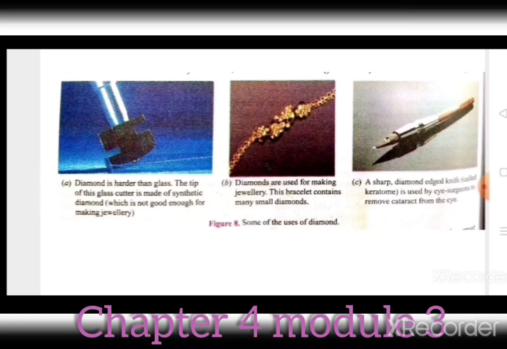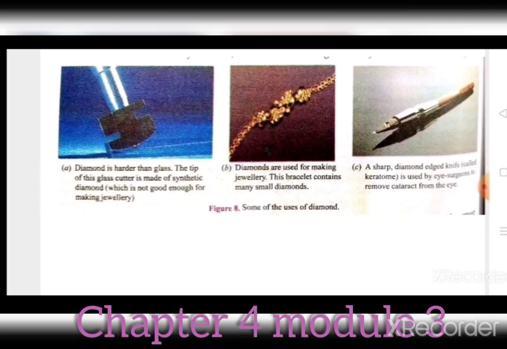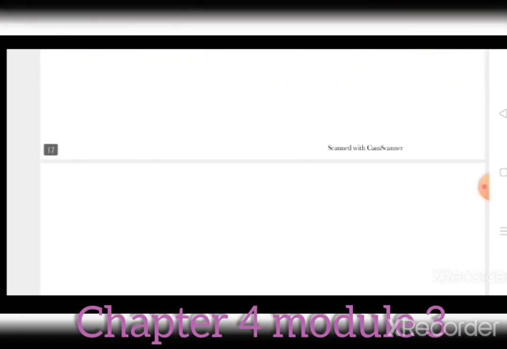This bracelet contains many small diamonds, as you all have seen diamond jewelry. Then third one is a sharp diamond edged knife called keratome, used by eye surgeons to remove cataract from the eye. So it is also used for medical purposes in eye surgery. So these are the uses of diamond.